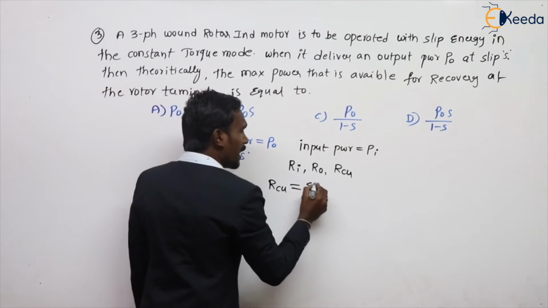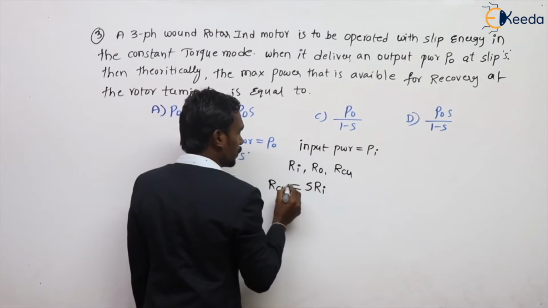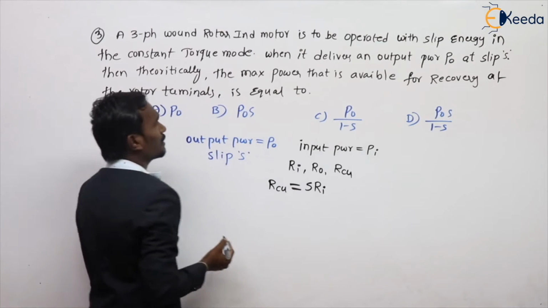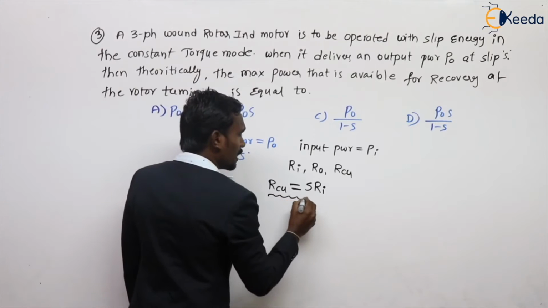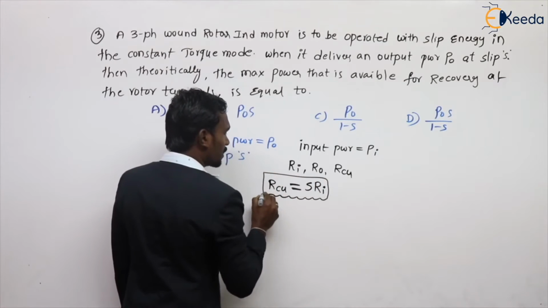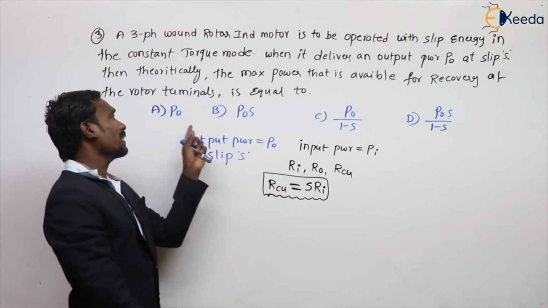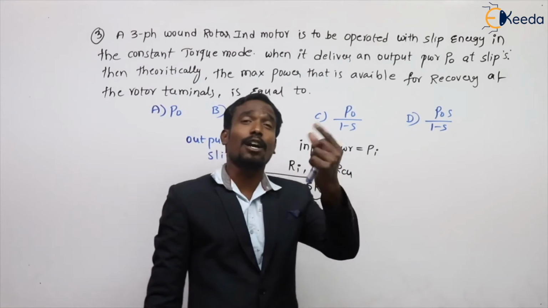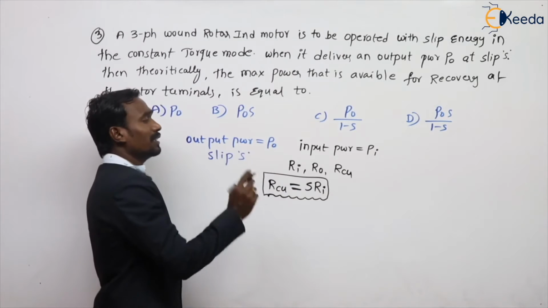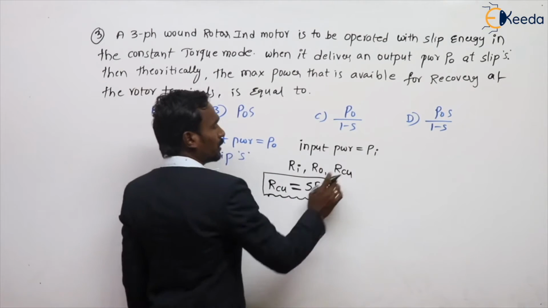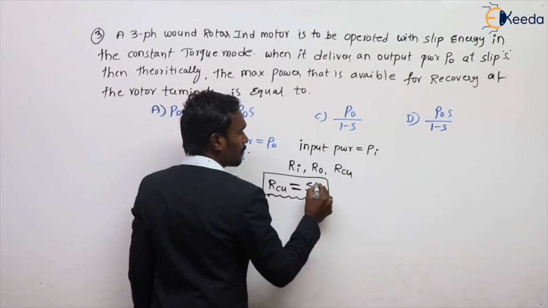How much is it? S times the rotor input. The recovery power at the rotor terminals is S times the rotor input. But here the answers are in terms of rotor output, and we want it in terms of rotor input. Here rotor input is nothing but Pi.